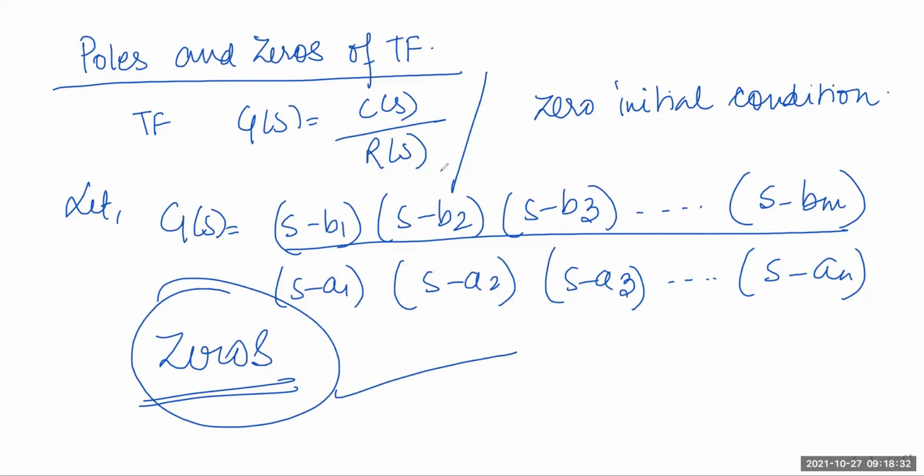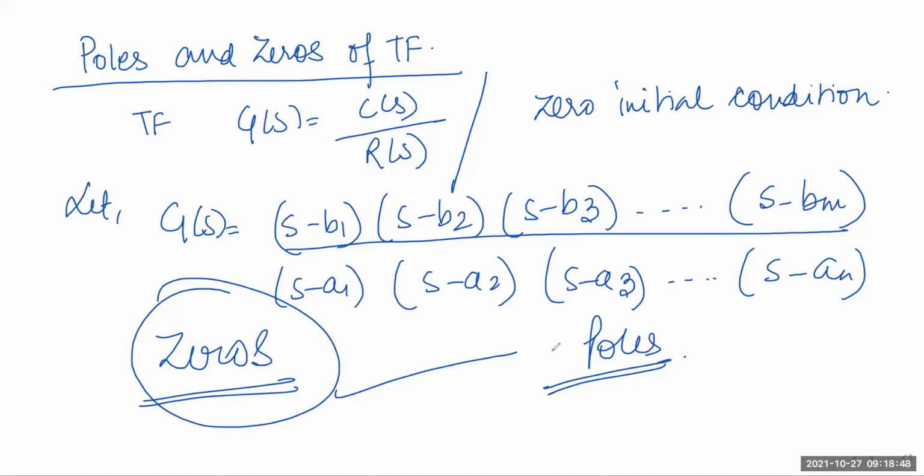Now let's come to the poles. Poles of a transfer function are defined as the values of s for which the magnitude of the transfer function becomes infinity.